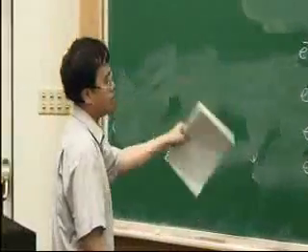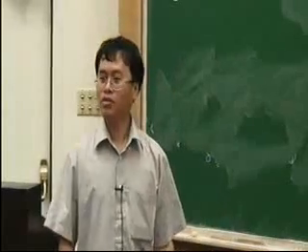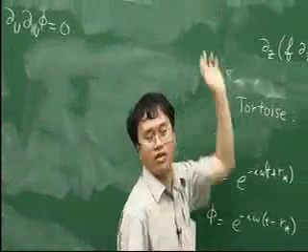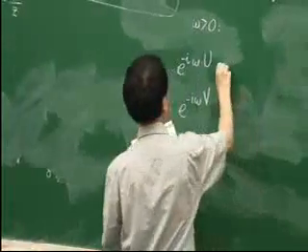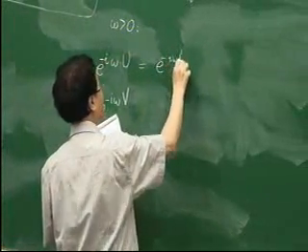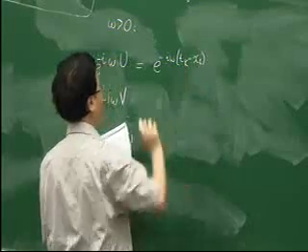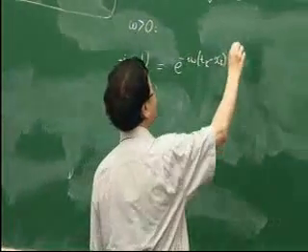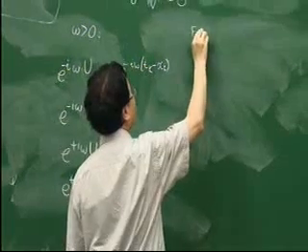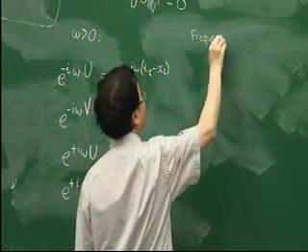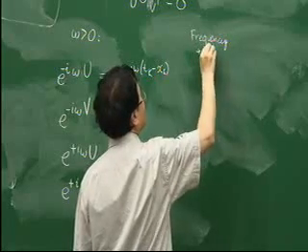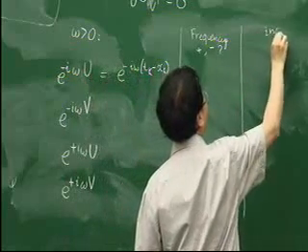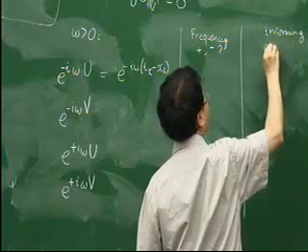Let's recall that u and v are just t Kruskal plus x Kruskal and t Kruskal minus x Kruskal, and you see the usual plane wave right away, e to the minus i omega t Kruskal. I'm going to classify these solutions using two criteria. One is whether the frequency is positive or negative, and the other is whether it's an incoming wave or an outgoing wave.